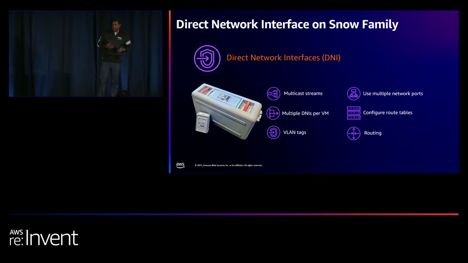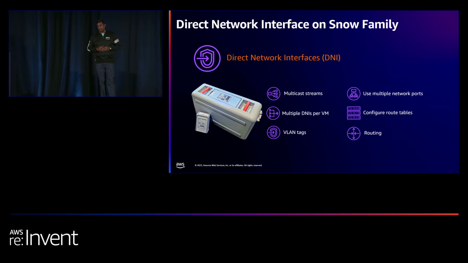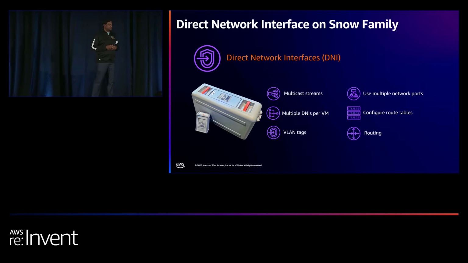You can create VLAN tags for the DNI, and you can associate multiple DNIs with a physical network port on the Snow device, and multiple DNIs to instances running on the Snow device. Customers can also customize their MAC address. It gives a lot of configuration capabilities.